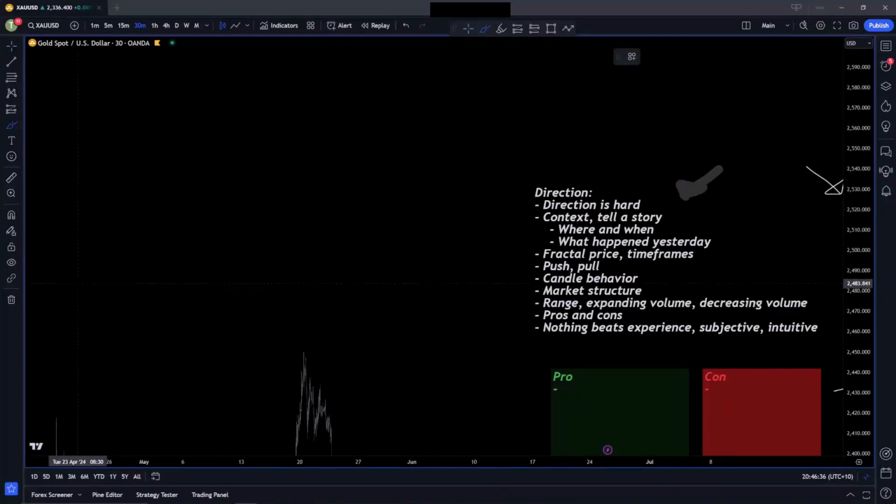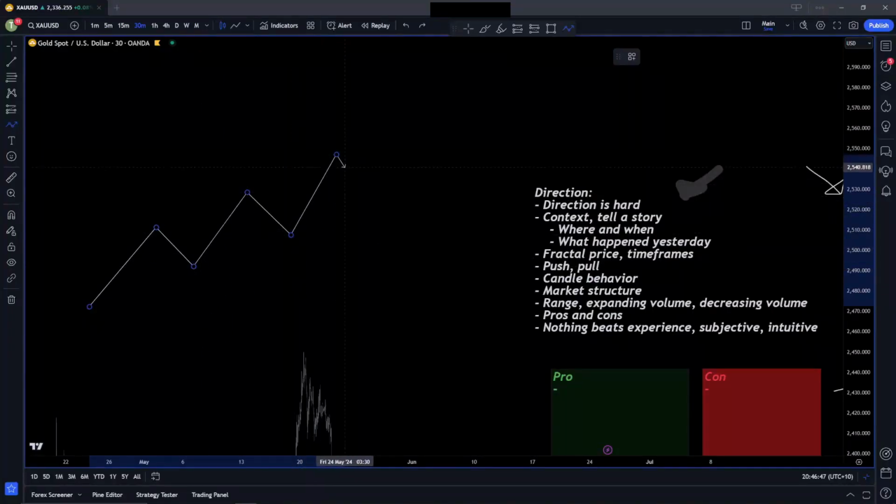So you might be, let's just say, okay, structure might be really bullish, really clean bullish here. Let's just say you get a little shift here, and you take a buy.